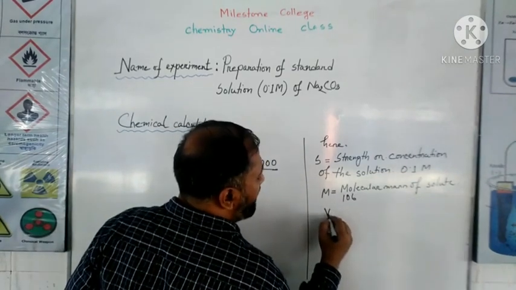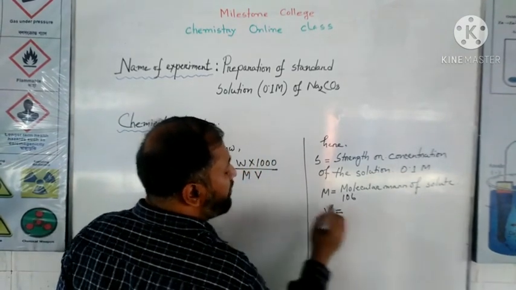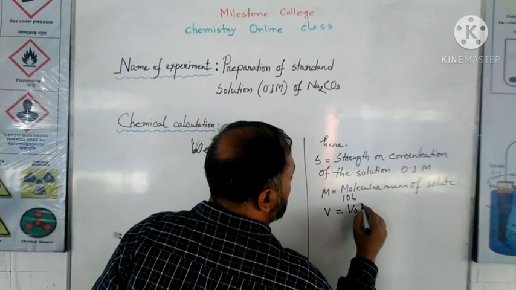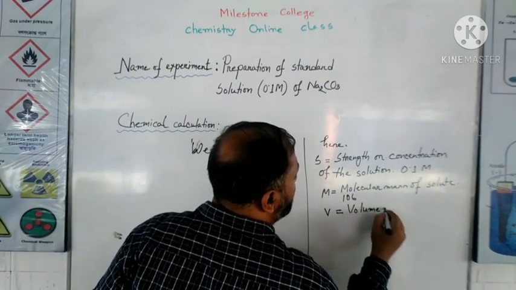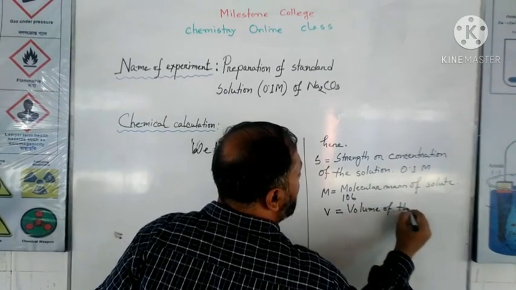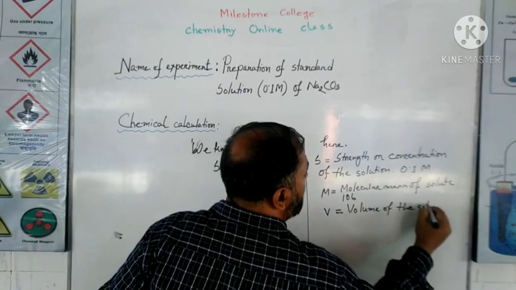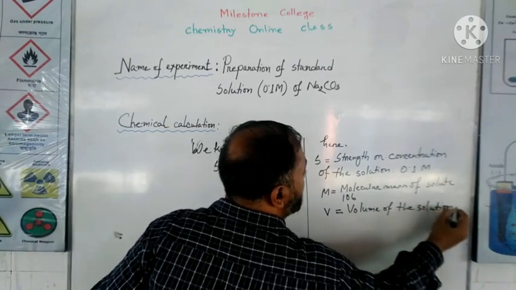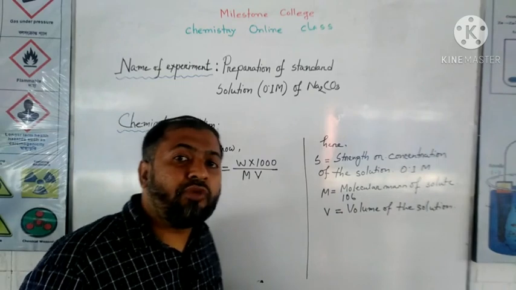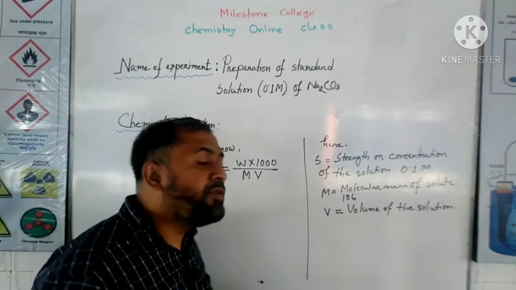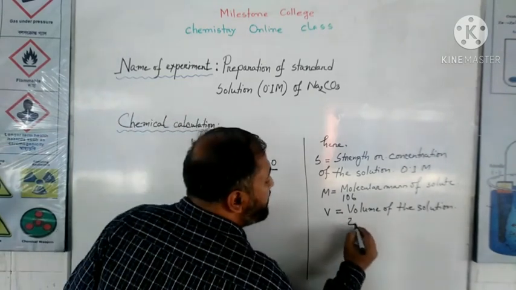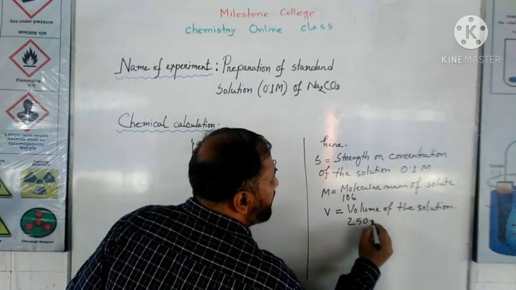V is equal to volume of the solution. The solution which we are going to prepare is 250 ml or 250 centimeter cube.